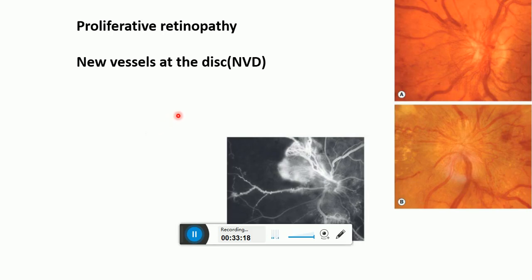New vessels at the disc. NVD describes neovascularization on or within one disc diameter of the optic nerve head. So these are new vessels at the disc. These are moderate new vessels.